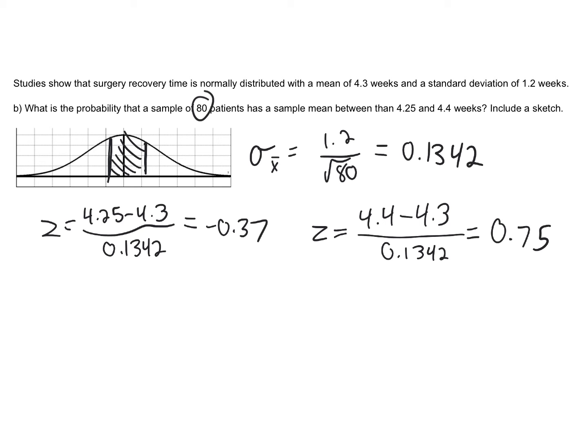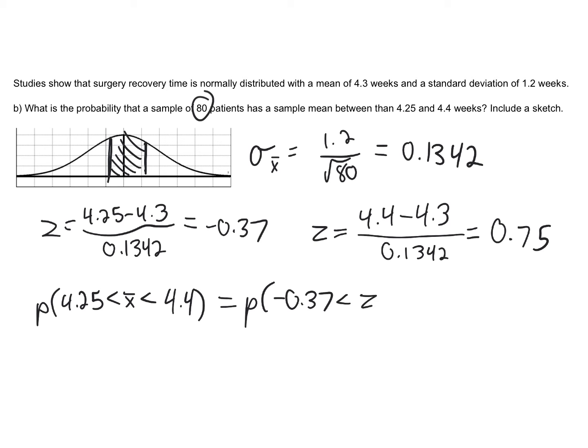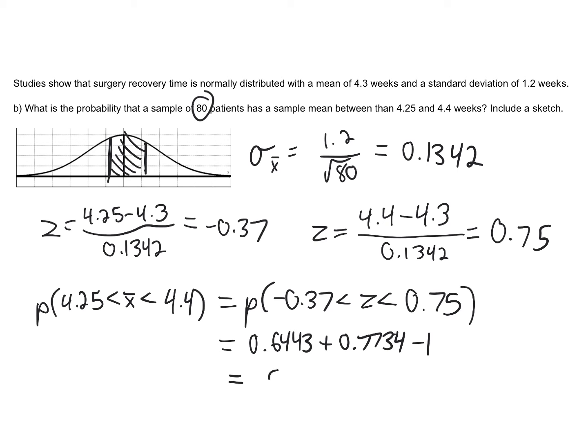So we want the probability between 4.25 and 4.4, which is the probability of z being between, we look up the z value associated with each. We add them and subtract 1, giving us 0.4177.